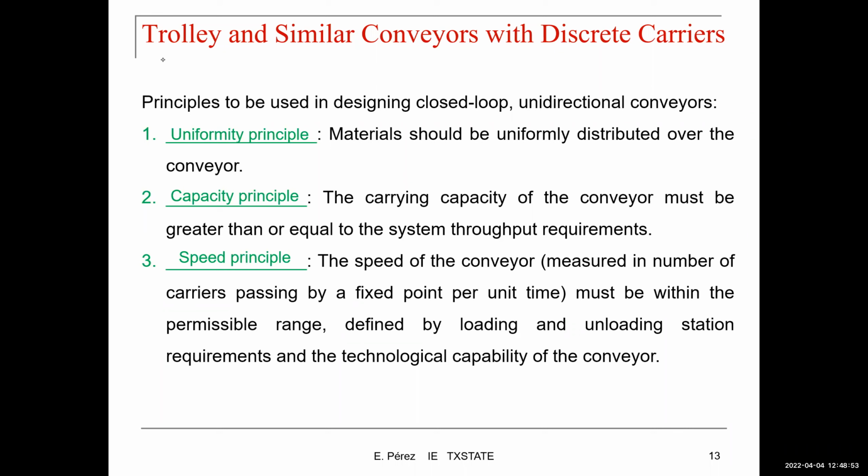And the speed principle, the speed of the conveyor, which is measured in numbers of carriers passing by a fixed point per unit time, must be within the permissible range defined by an unloading station requirements and the technological capabilities of the conveyor. So again, if you're requiring a speed that is not possible by the technology that you have available, then you might need to switch the equipment. So everything has to be within these bounds.